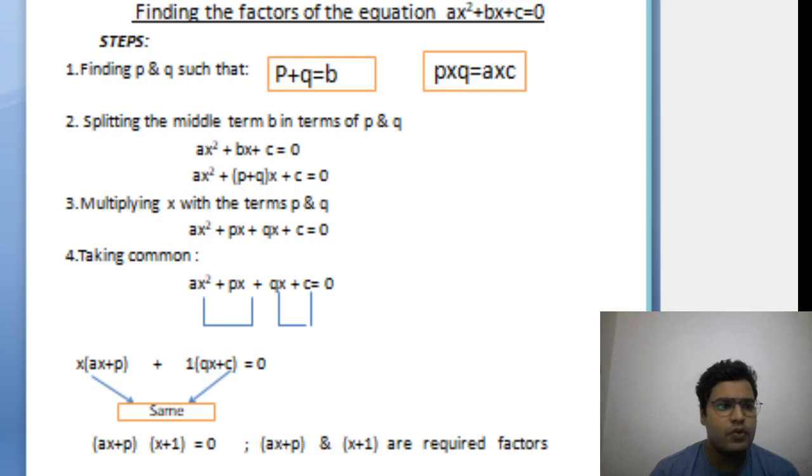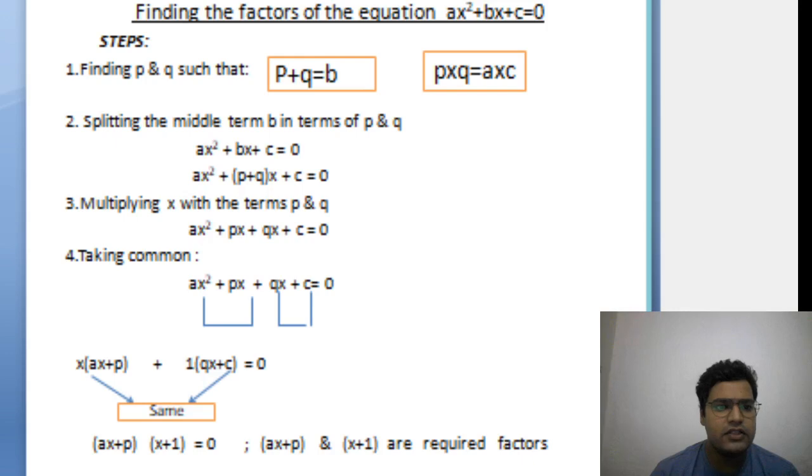The second step is we are going to split the middle term. In the equation, the middle term is b, the coefficient of x, in terms of p and q. p and q we have already found in the first step. So the equation given is ax square plus bx plus c equals 0. We have to split this middle term b in terms of p and q.